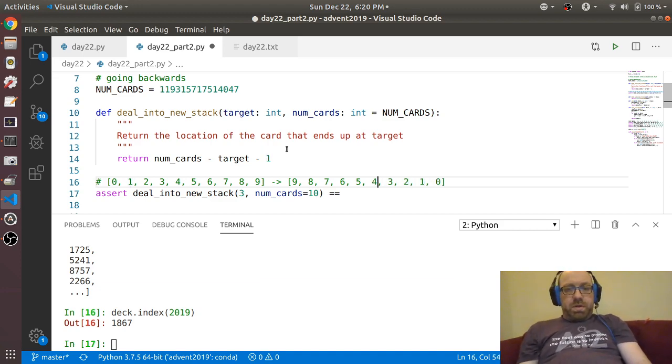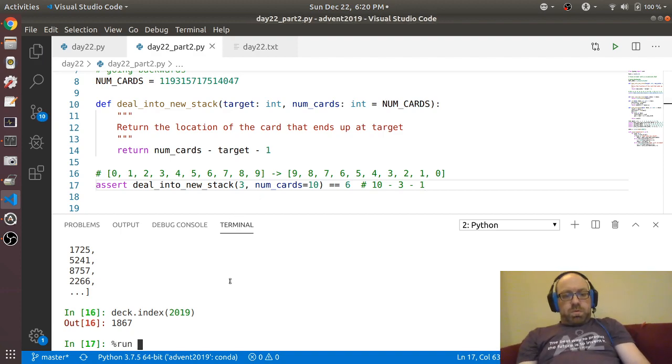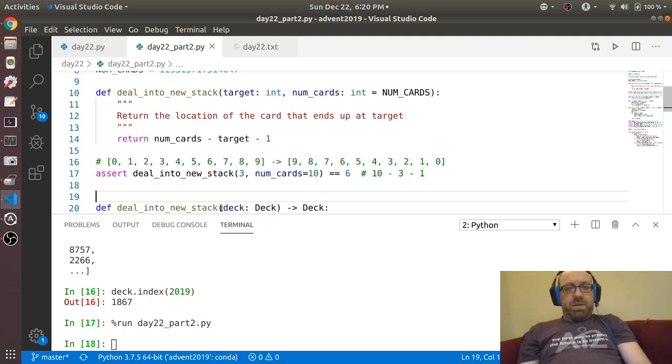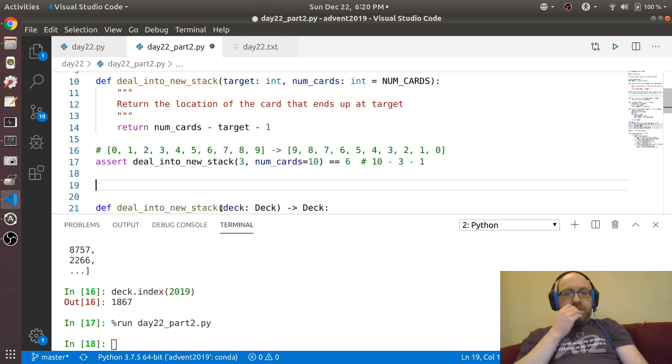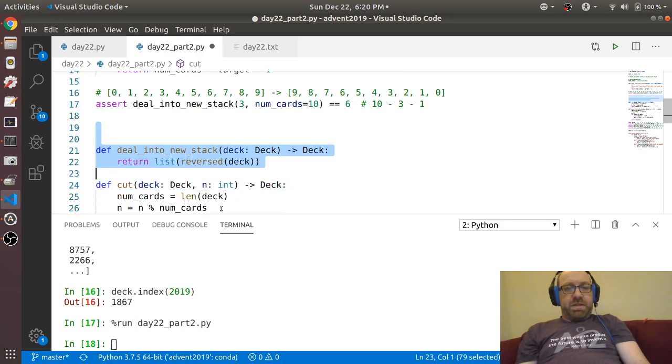And so at position 3, I'm going to get 6, which is 10 minus 3 minus 1. Okay, so let's run day 22 part 2. And I still don't know how I'm going to solve the many, many times, but I'm going to look for a cycle. Okay. And so that's that.